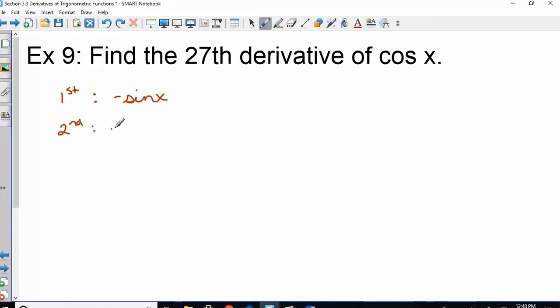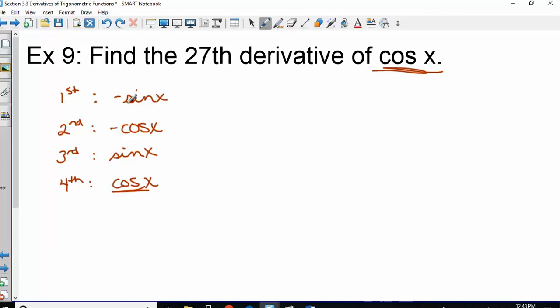Derivative of sine is cosine, so that negative stays, so negative cosine x. Third derivative, what is the derivative of cosine? So 2 negatives would make it a positive sine. Fourth derivative, what is the derivative of sine? Cosine. What do you notice?